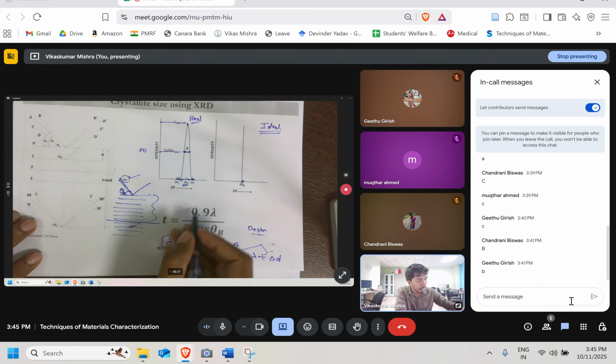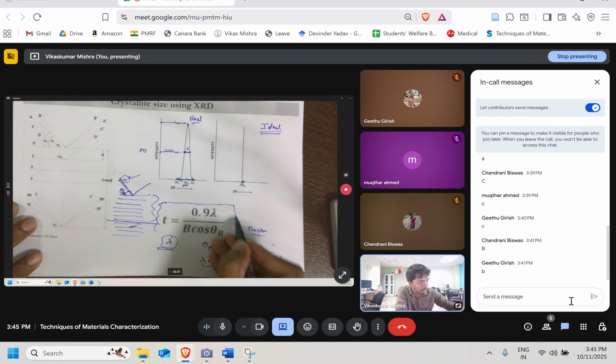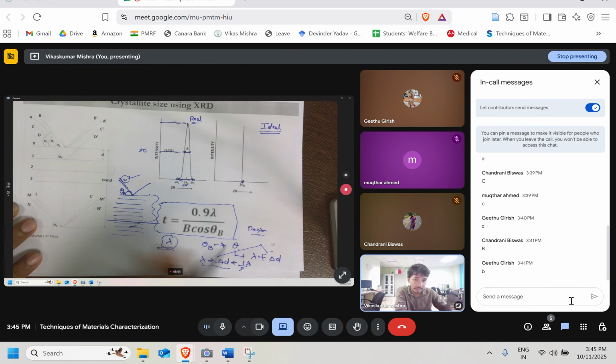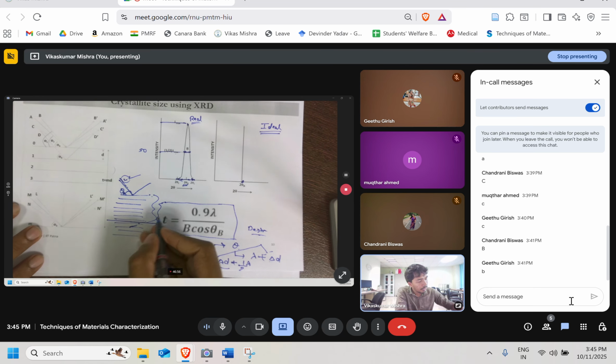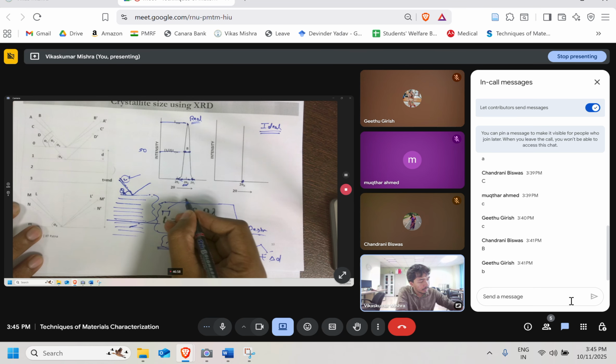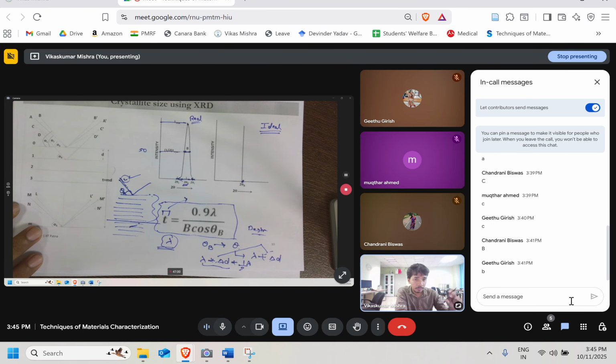Now using this there is a formula. We did not do the derivation in the class, but if someone is interested, I suggest B.D. Cullity's book on X-ray diffraction. The derivation is given there and beautifully explained. From that we can find the crystallite size, the size of the crystal.